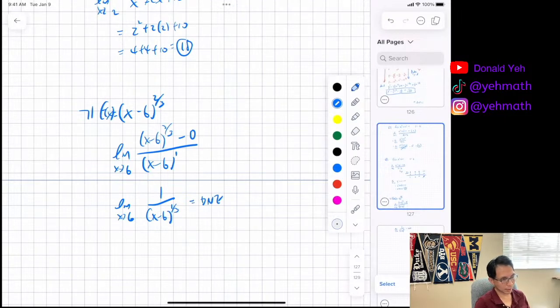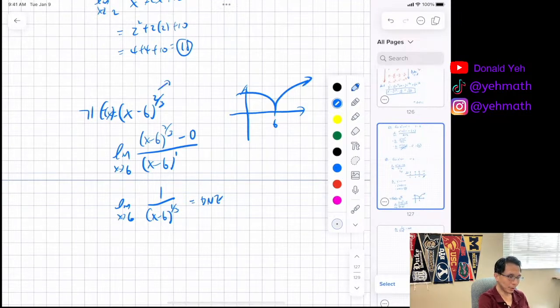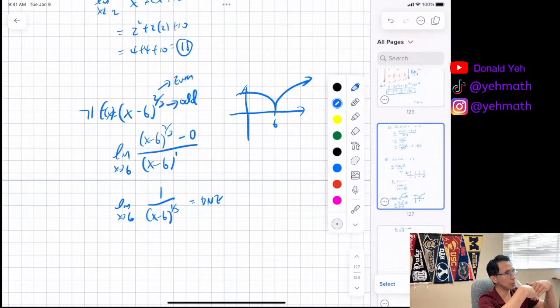So therefore it does not exist, because if you graph this one at 6, it's gonna form something called a cusp. A cusp is when you have even over odd power. So if you have even over odd power, it's gonna be a sharp turn and a vertical tangent at the same time. So it's gonna be a cusp.